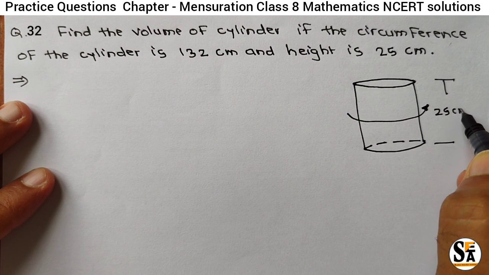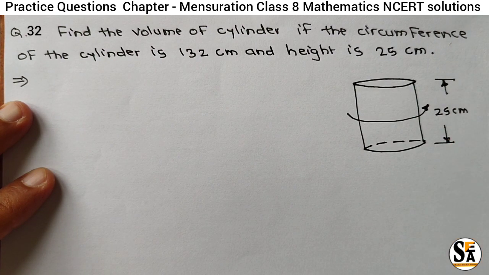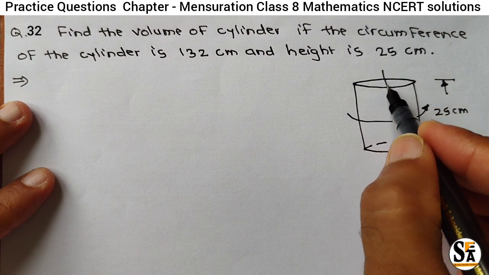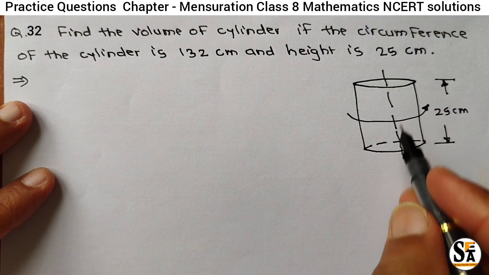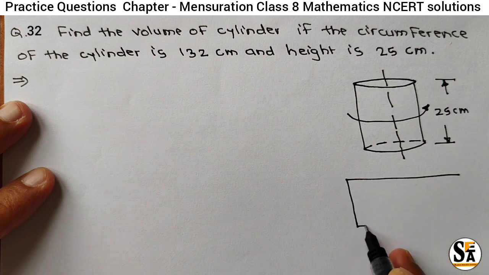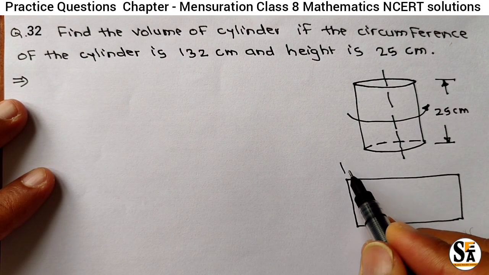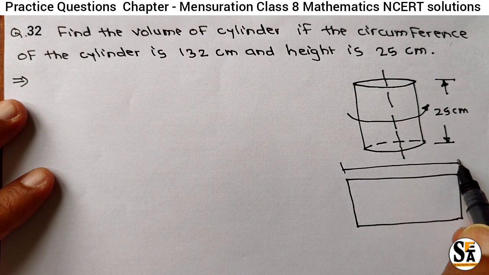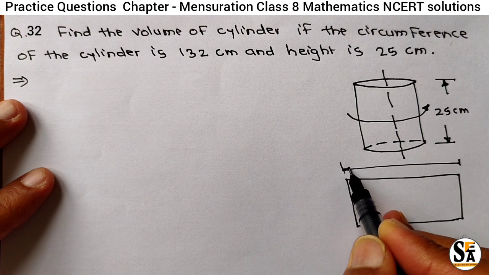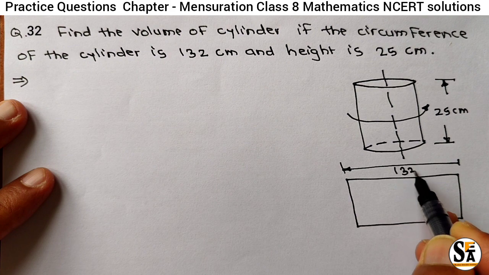Height is 25 centimeter. So what is the formula for circumference of a cylinder? If we unfold this lateral area, we will get a rectangular sheet, isn't it? Here circumference means this much length of the cylinder is given, that is 132 centimeter.